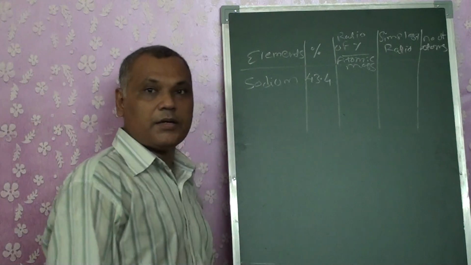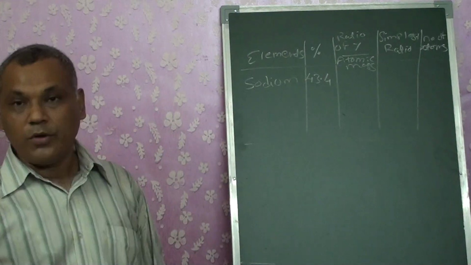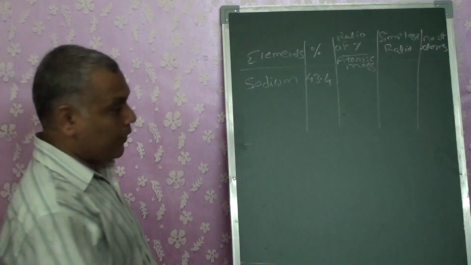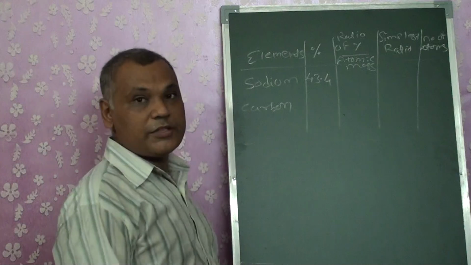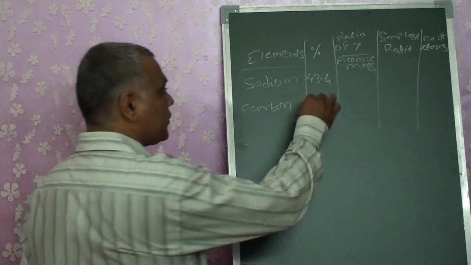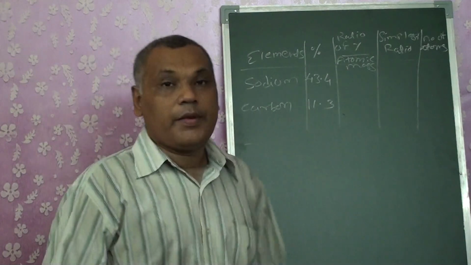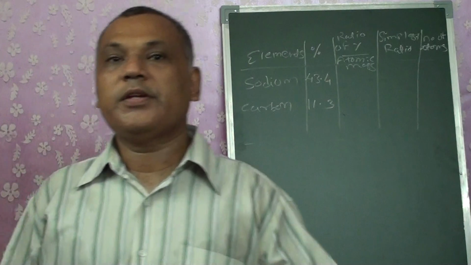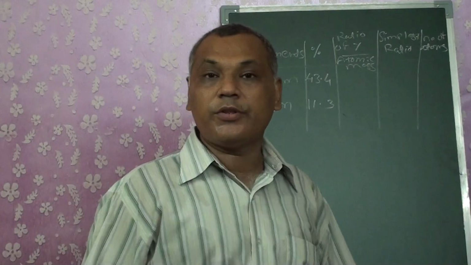This is given data. Second, we have carbon, which is given to us as 11.3%. So sodium is 43.4% and carbon is 11.3%.